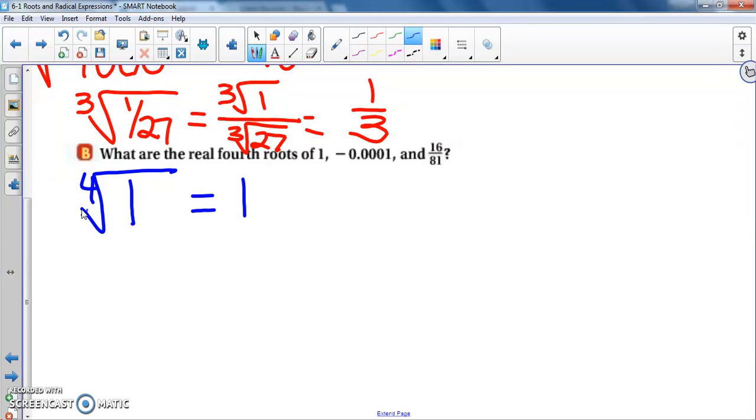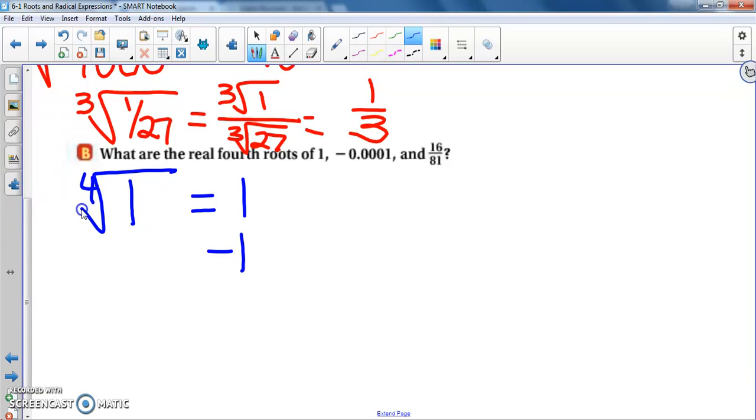So 1 is a real 4th root of 1. Since we have an even index, we can also have a negative 1. Negative 1 times negative 1 times negative 1 times negative 1 gives us 1 as well. So we have 2 real roots here.